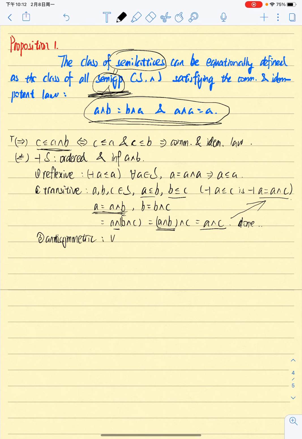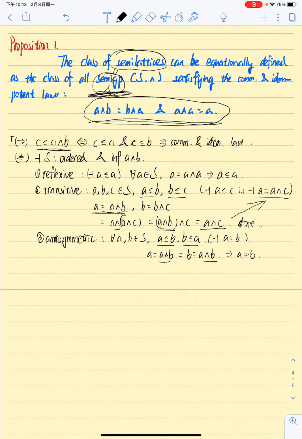That is, for every element A, B in S, A smaller than or equal to B and B smaller than or equal to A, we need to show A is B. Actually, from here we get A is equal to AB, and from here, B is equal to AB. So AB is equal, so A equals B. So we are done.